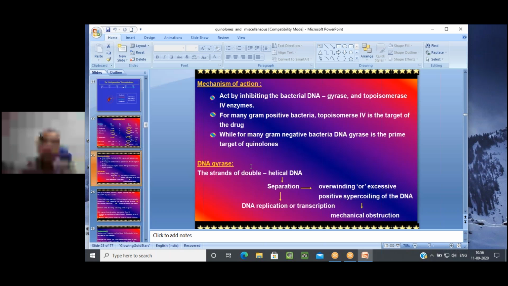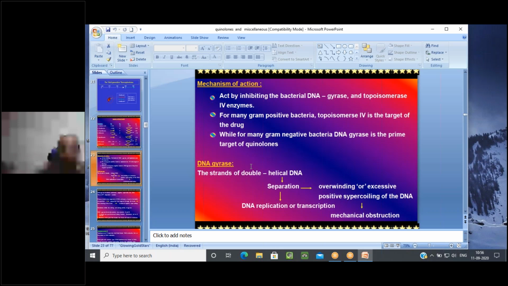Here this DNA gyrase enzyme binds to two segments of DNA and causes a break in the double stranded DNA and passes the front segment through. It gives some sort of nick, so that intercrossing of the strands will take place, and thereby resealing of that nick takes place, and creation of some sort of coils.